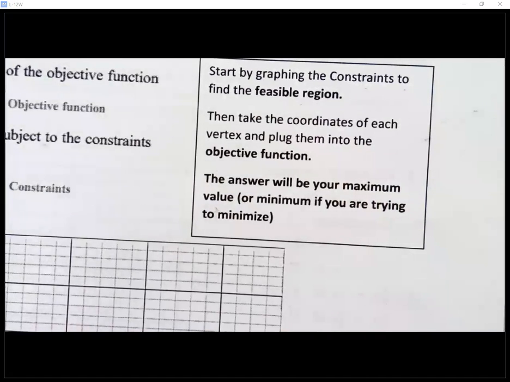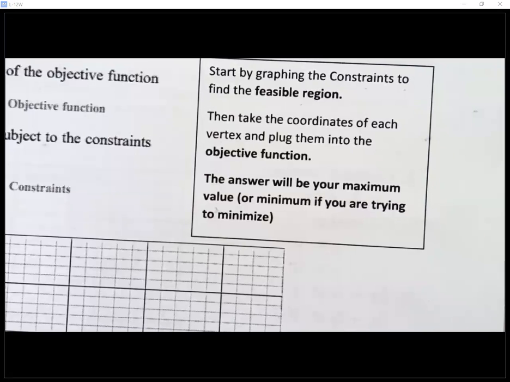Where's my window of possibility? I only have so much sugar, so much flour, so much time. How many pies and muffins can I actually make? Then I'm going to take a look at that entire region and find, out of all the possibilities of what I can do, what's going to make me the most money? That's the gist.